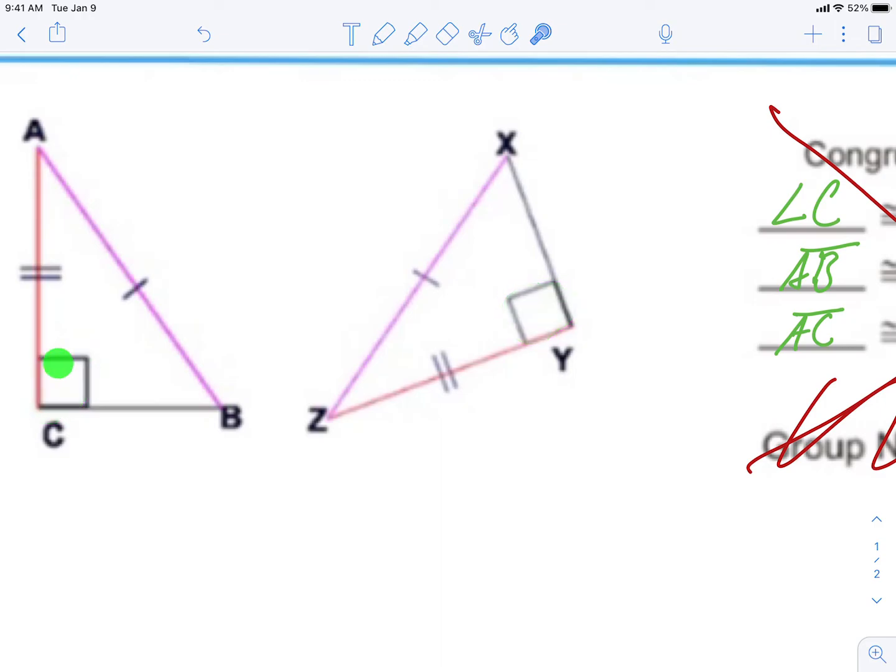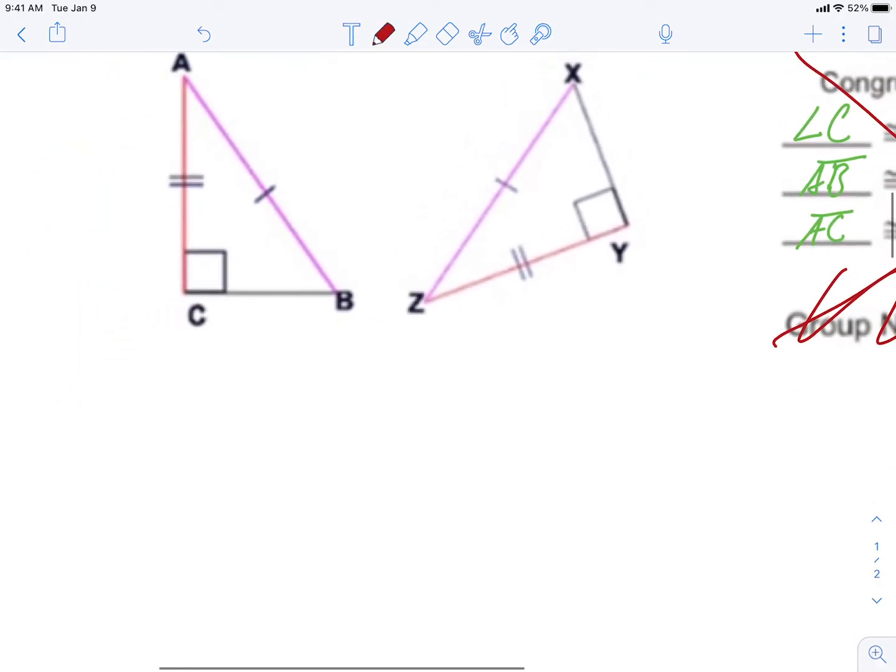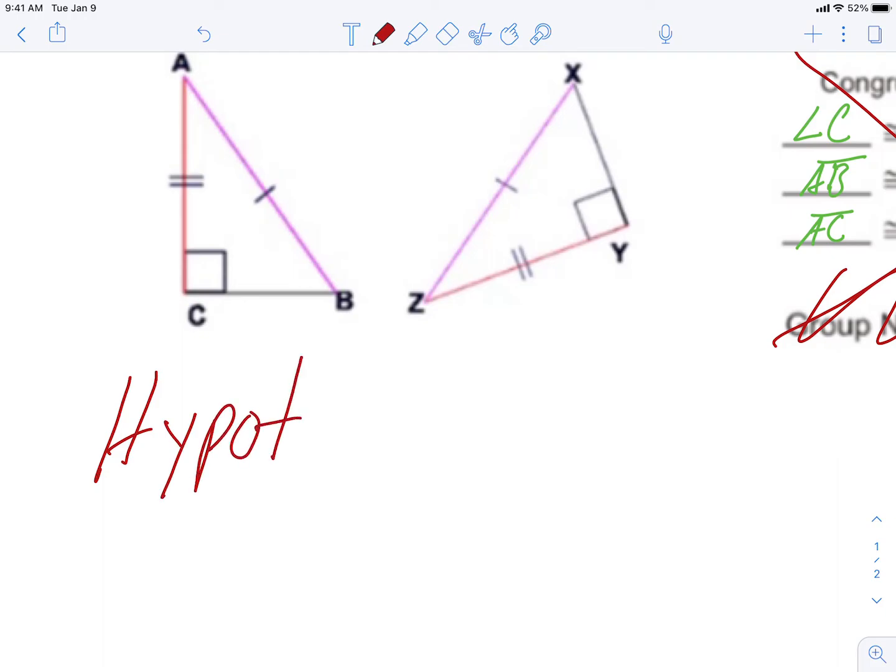So if this is 90 right here, then the side across the 90 is called the hypotenuse. I'll show you. Hypotenuse.